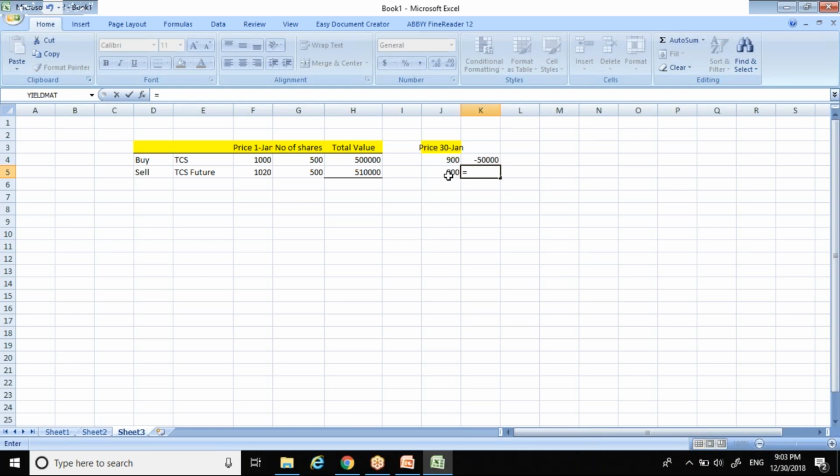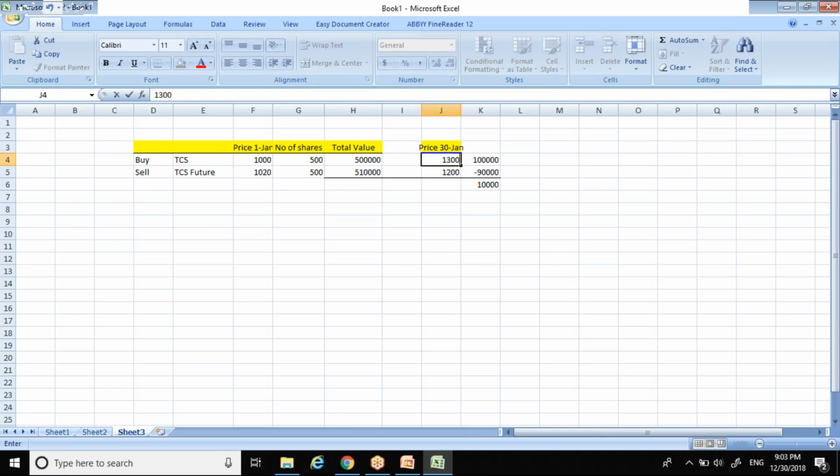Now here you will be making profits: the futures price minus the closing price, into the lot size. So your total profit would be around 10,000. No matter where the price goes, if the price goes to 1,200 or 1,300, you still make 10,000.